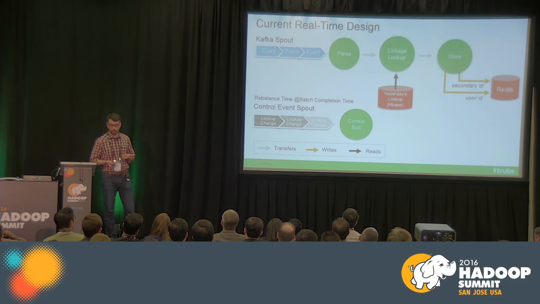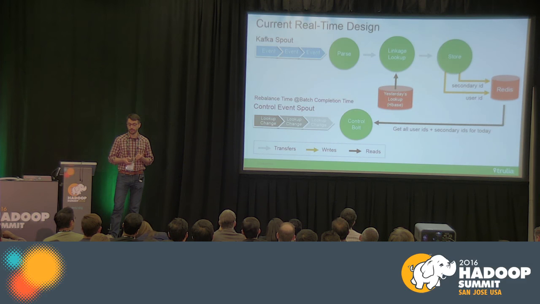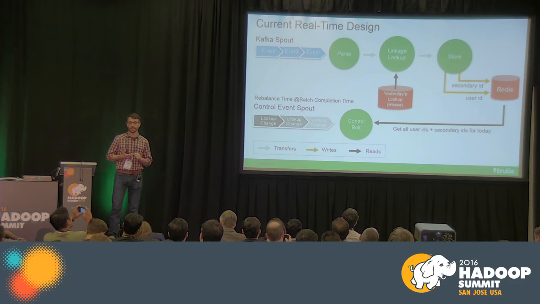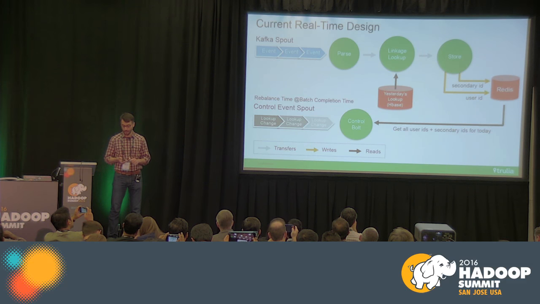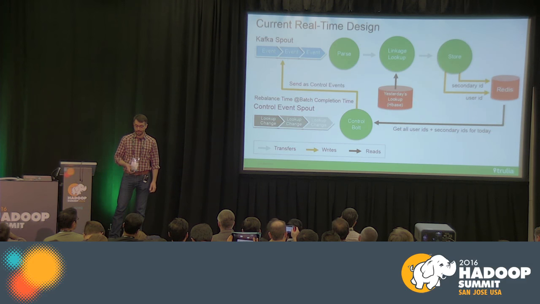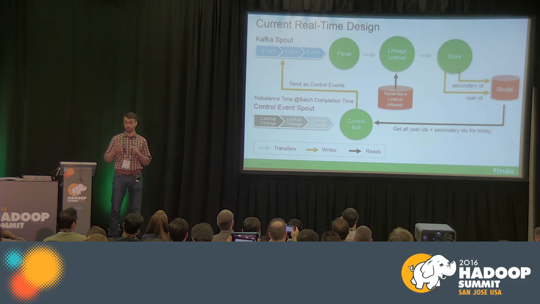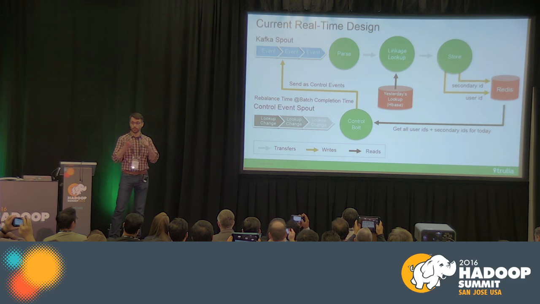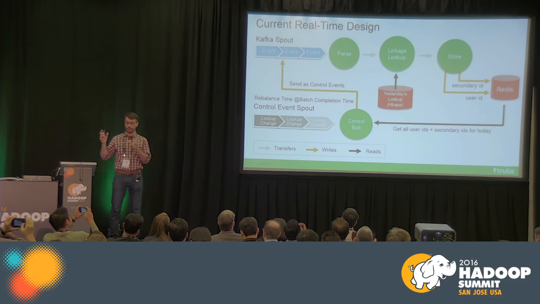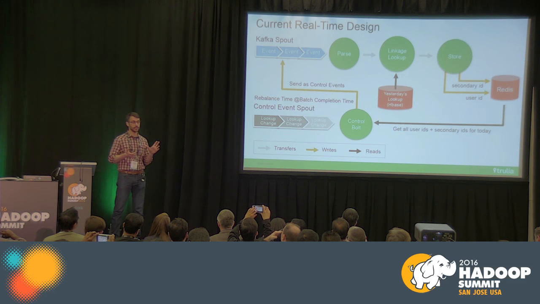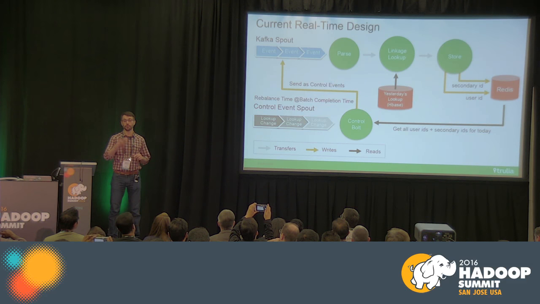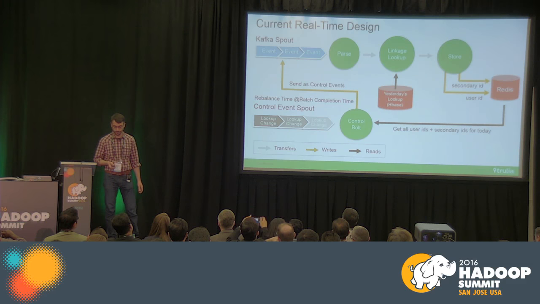And the second job of the control bolt is to get every single user ID and every single secondary ID we've seen today and pipe them back as control events to our regular queue. So it pipes every single user we've seen today plus the results of the delta job as regular events through our regular Kafka event spout.